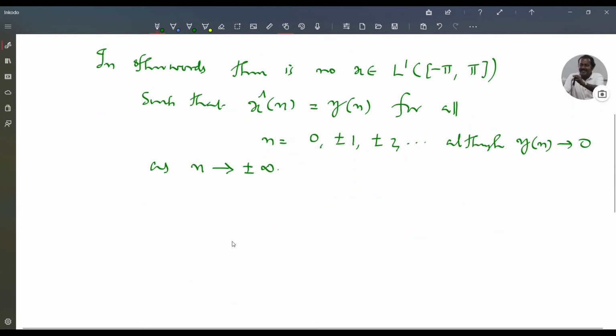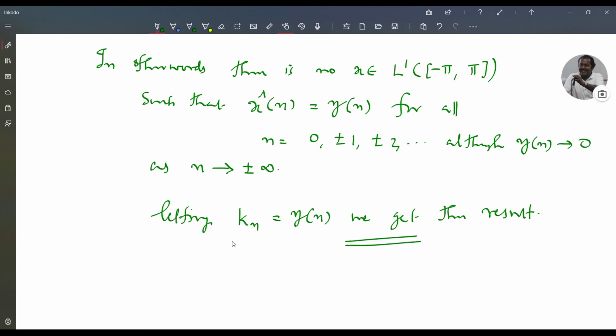So letting Kn equal to y of n, we get the result. So that's all for today. Have a nice day.